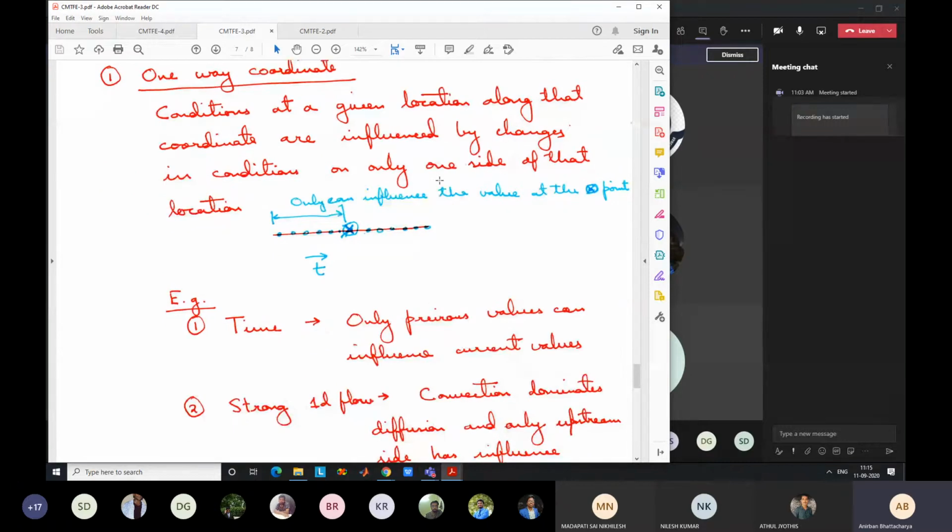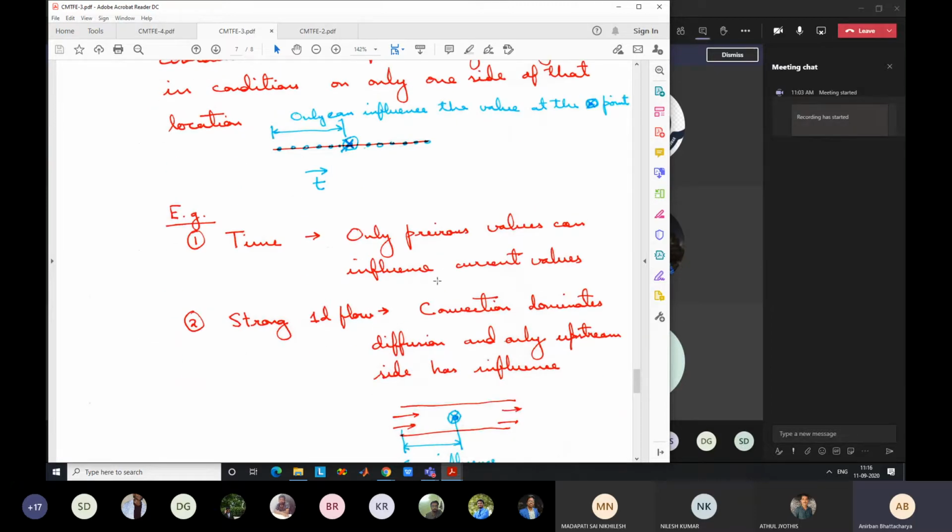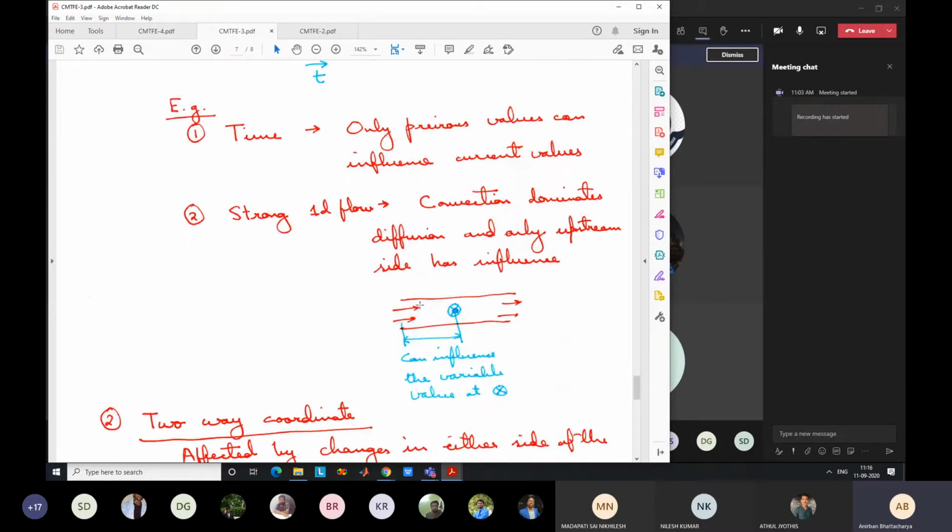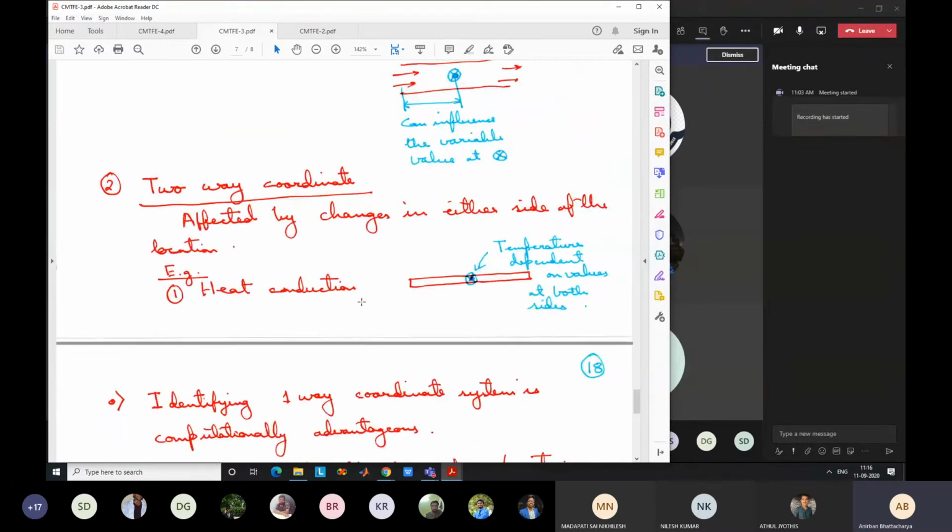For example, time is always a one-way coordinate. So the values can only influence the values in one direction. It cannot influence the values in another direction. A strong one-dimensional flow can also be treated as a one-way coordinate. So the flow only influences the downstream side. It cannot influence the upstream side if the velocity is sufficiently high.